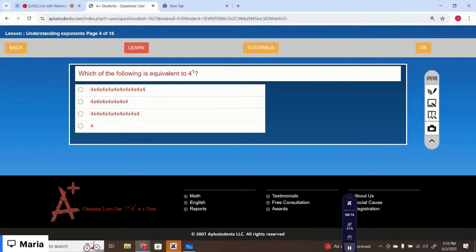Which of the following is equivalent to 4 exponent 1? 4 exponent 1 means 4. Option number 4 is the correct option.